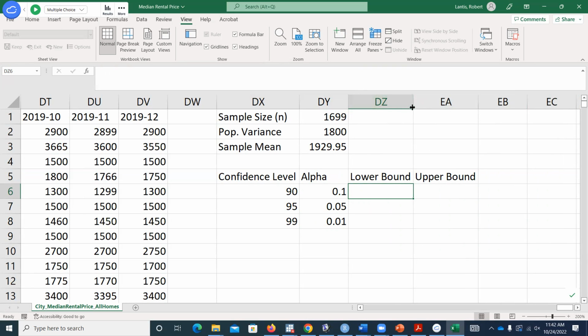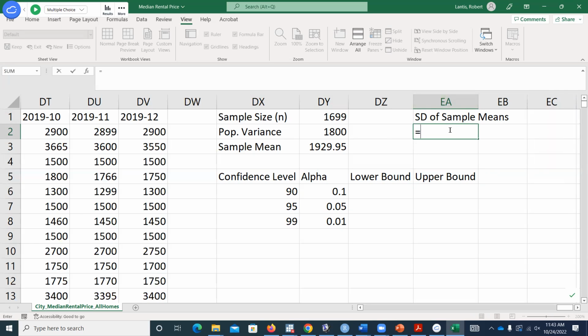Also, to widen these, I think I've told you this, but if I haven't, if you just double click, it auto fits, so it's just a little bit easier to see as you're working on things. So I'm going to do this in steps because I think it's how we would do it by hand. It makes a little more sense. So up here, I'm going to find the standard deviation of my sample means, okay? Because that's something that I can use, right?